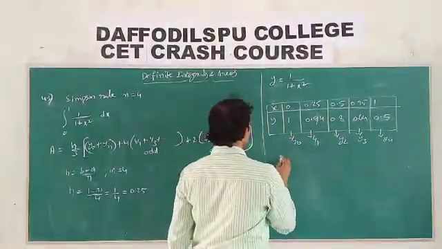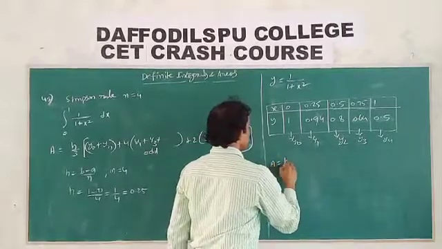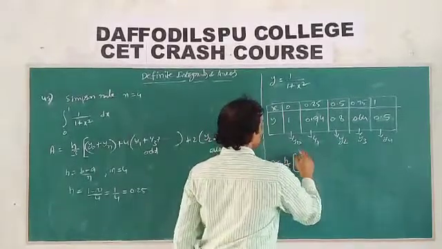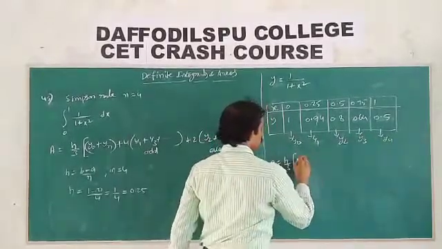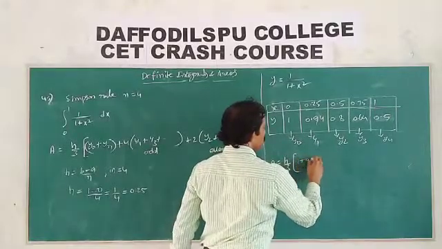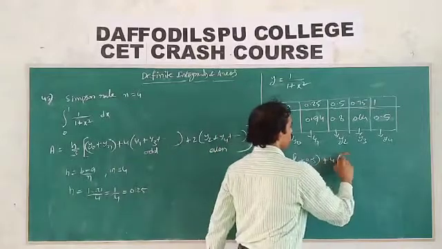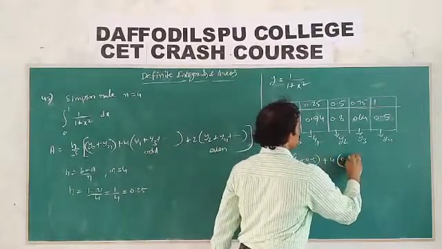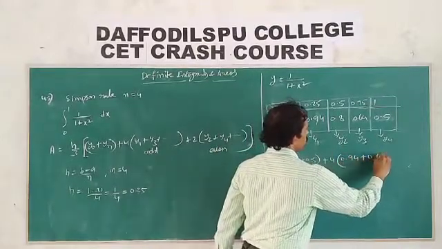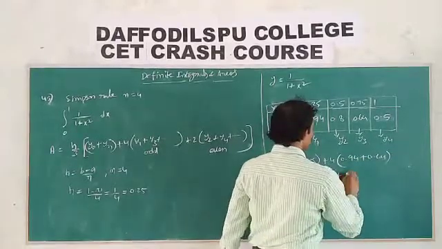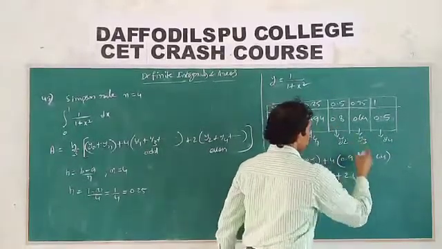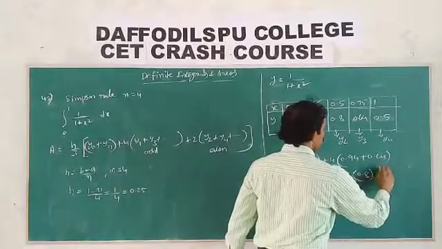Now substituting that a is equal to h by 3 times y0 plus yn, so that implies 1 plus 0.5 plus 4 into odd numbers 0.94 plus 0.64 plus 2 times the even number, only one even, 0.8.